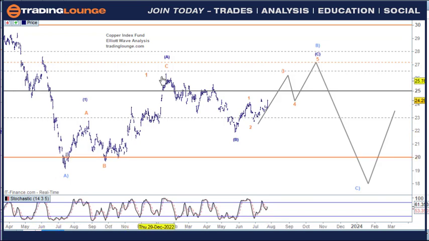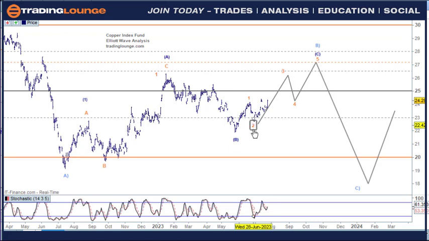This move here on the LME, which probably trades more volume, I haven't checked that for so many years, but on the LME, I can count this up here as an A and a B and a C wave up here. We could count it as wave 1 and 2, and wave 1 here with wave 2 over here. We could go that way with it.